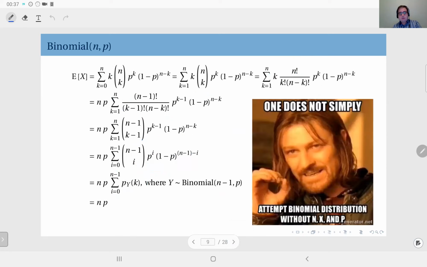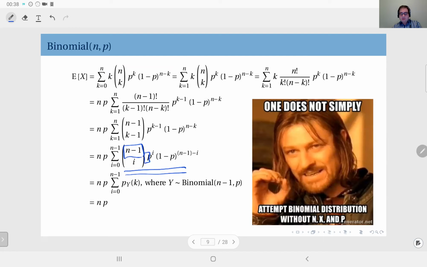So this shows you to be aware of the relations or the parameters of the distribution. When you look at this, you have to realize this is a binomial distribution with parameters n minus 1 and p.